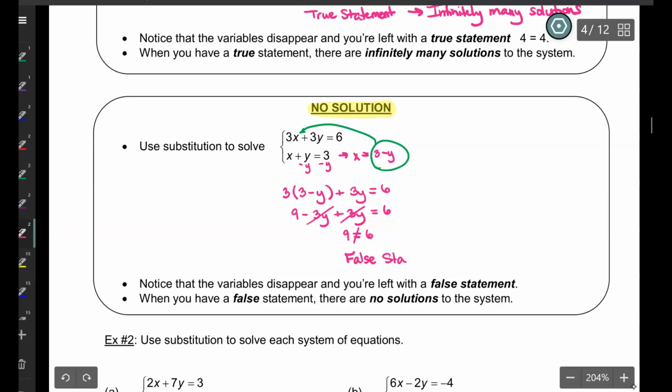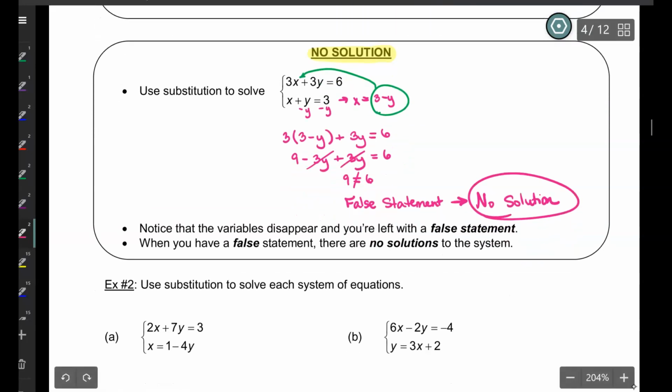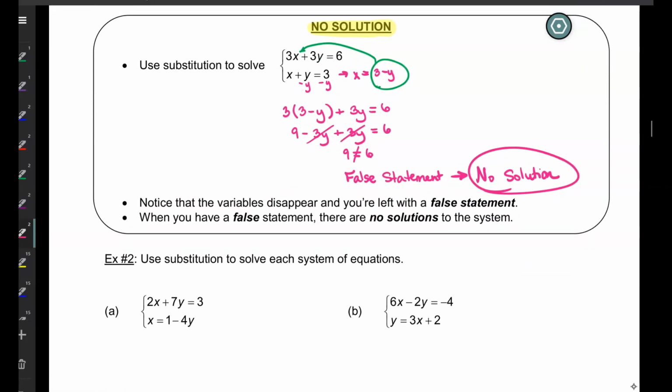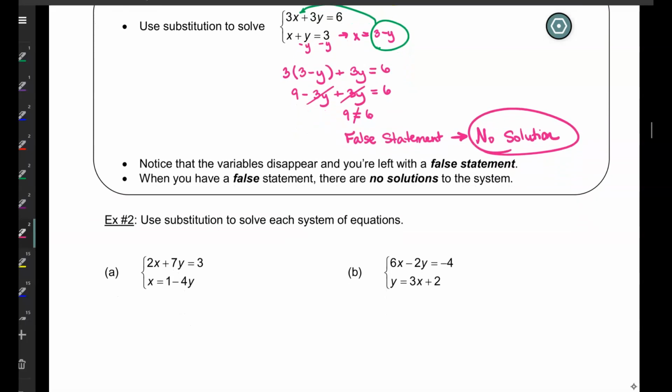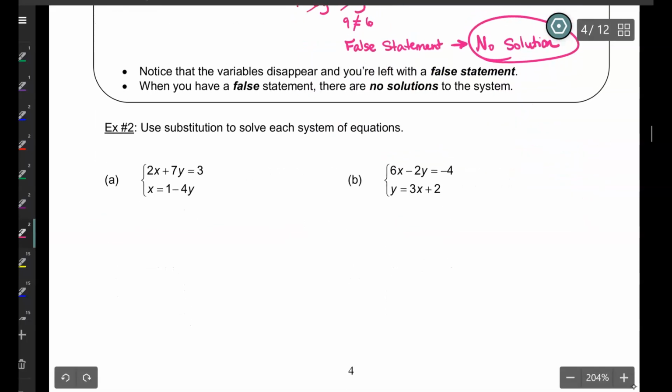Right? 9 not equal to 6. That implies that there is no solution. Okay, so true statement, infinitely many. False statement, no solution.